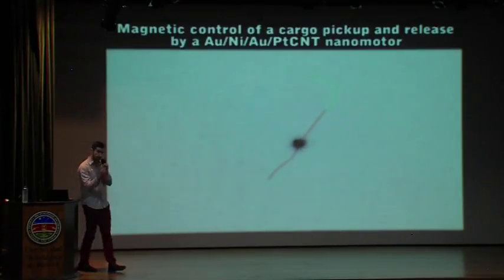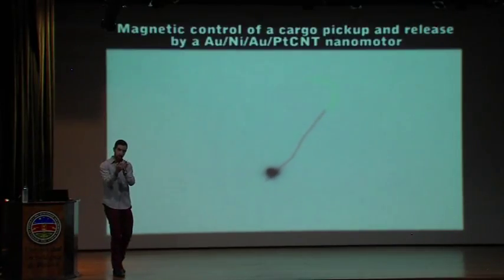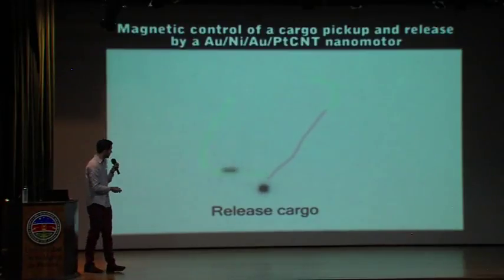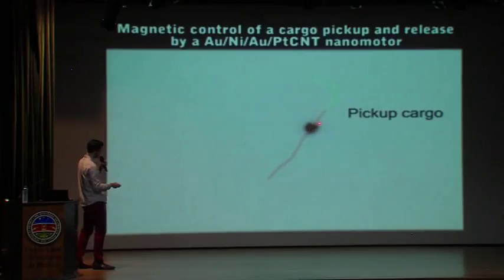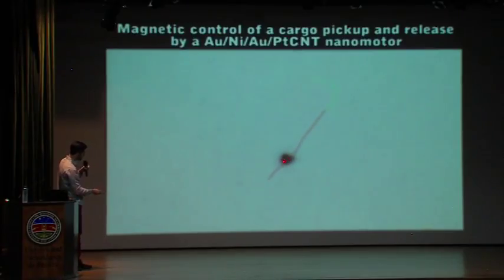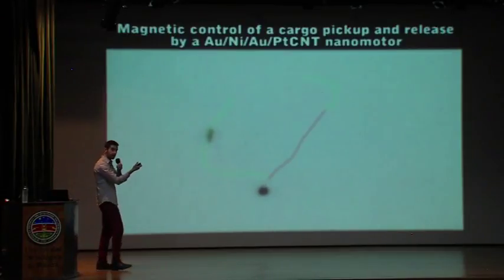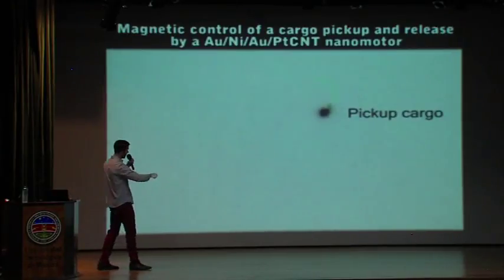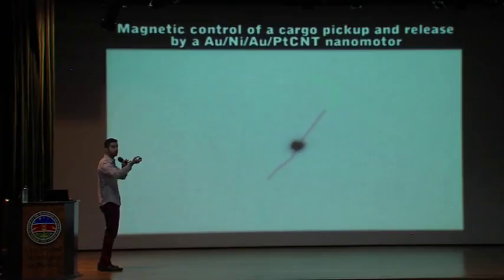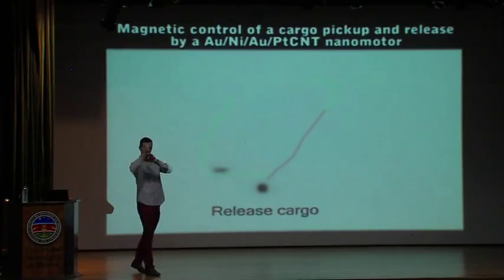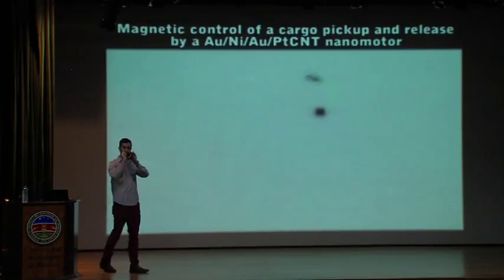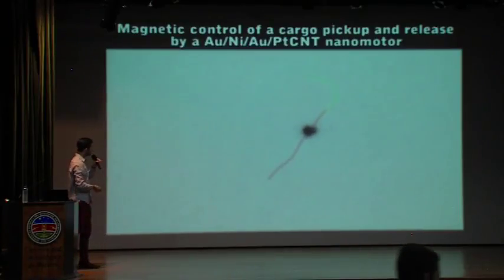The cargo also has a magnetic coating on it, so the attachment is by magnetism. And so it picks up the cargo, and we can control where the cargo goes. Then notice right here, we spin the magnet very quickly, and the rod essentially breaks off of the cargo. Imagine if you ever play with 2 magnets, right? If you twist one very, very quickly, you can separate them.